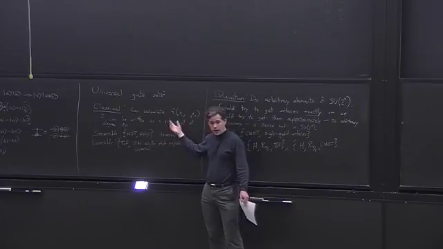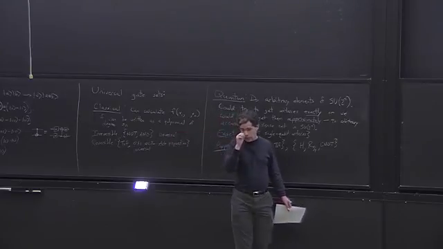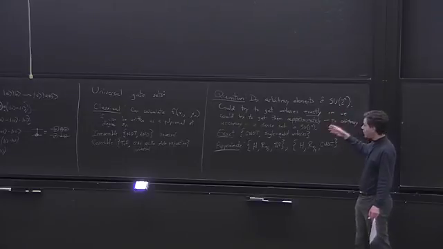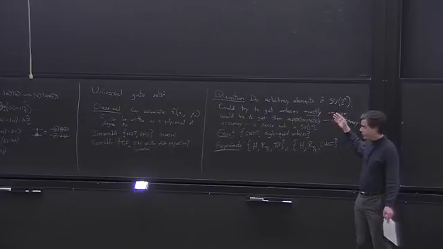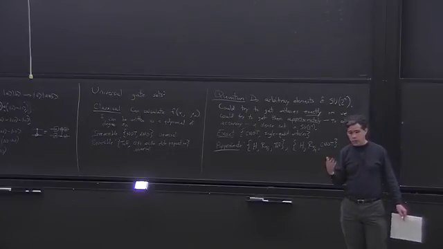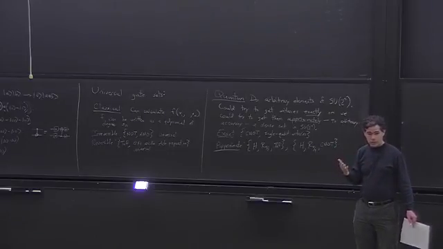An exponential number of gates to actually implement them. And similarly, to get within a fixed accuracy epsilon of some arbitrary n qubit unitary requires, in general, exponentially many gates as a function of n.